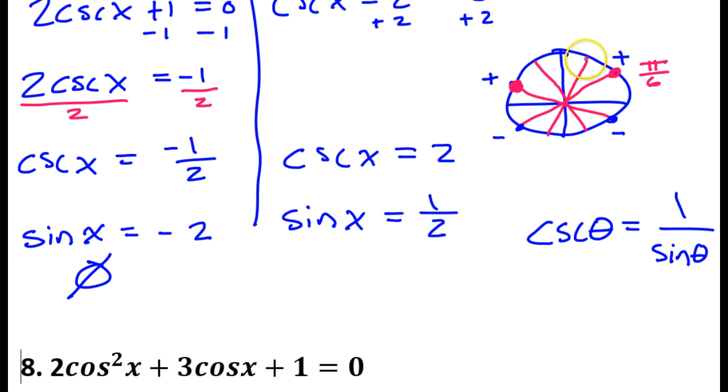And then I've got 2 pi over 6, 3 pi over 6, 4 pi over 6, 5 pi over 6. So 5 pi over 6 is the other angle that will give me a positive 1/2. So x is equal to pi over 6 or 5 pi over 6.